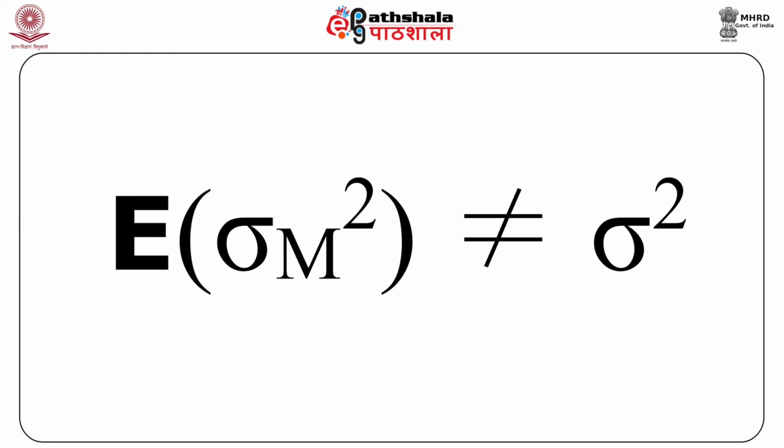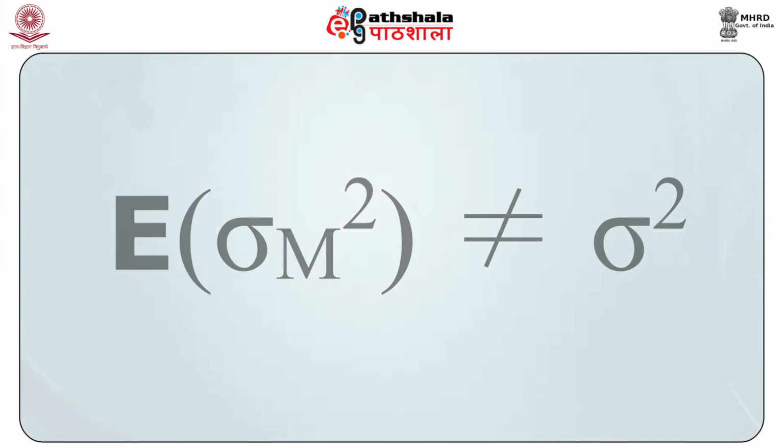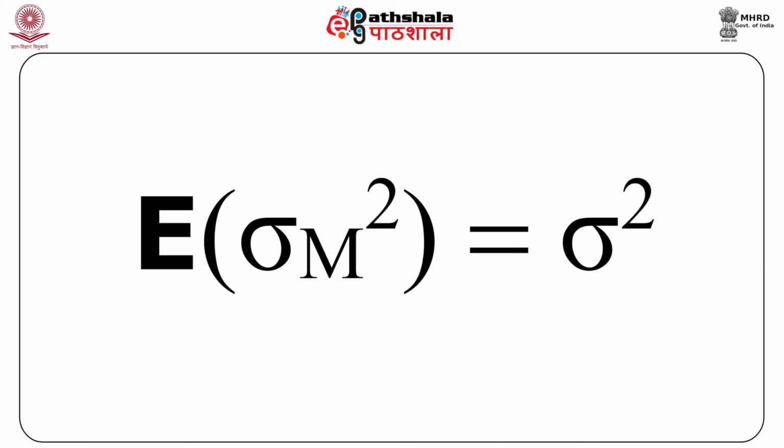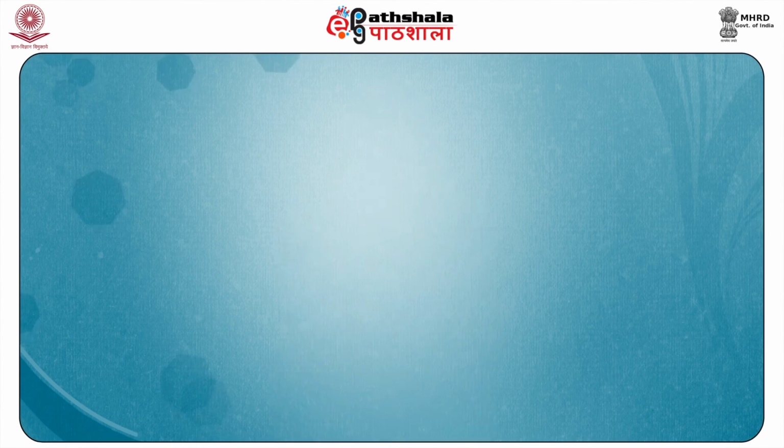Expectation of sigma square m is not equal to sigma square, as there is something subtracted from it, lending it a downward bias. But as n tends to infinity, 1 by n tends to 0. Therefore, the second term reduces to 0, and expectation of sigma square m is equal to sigma square. The ML estimator of variance becomes unbiased only when n is large.